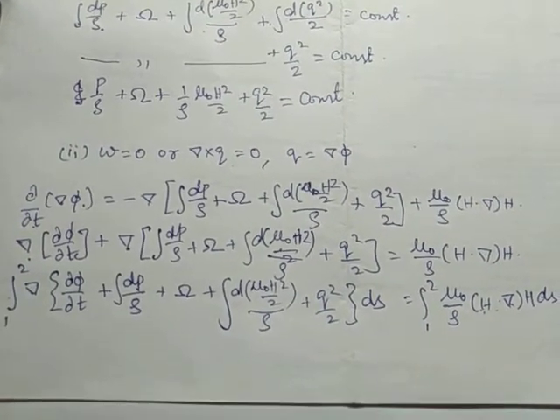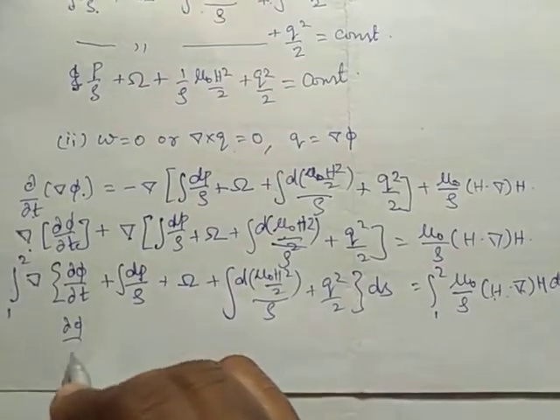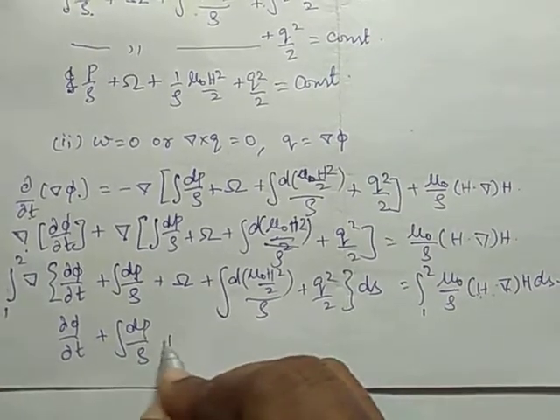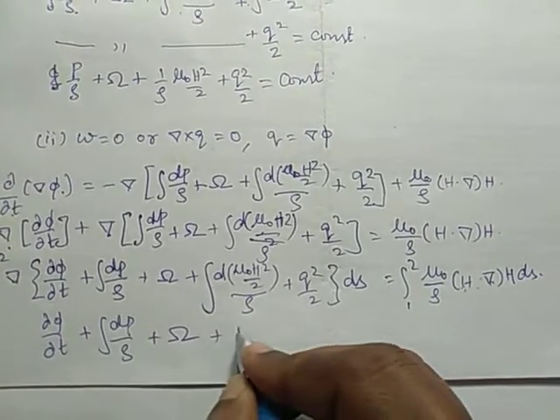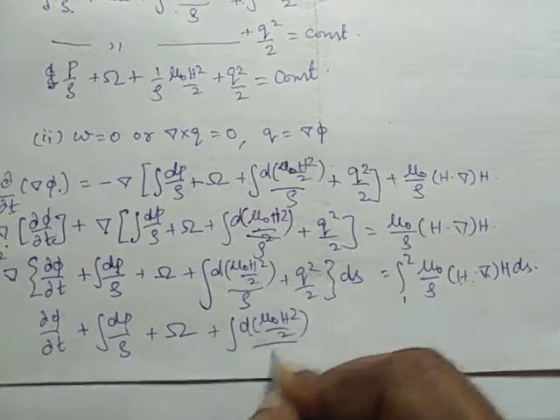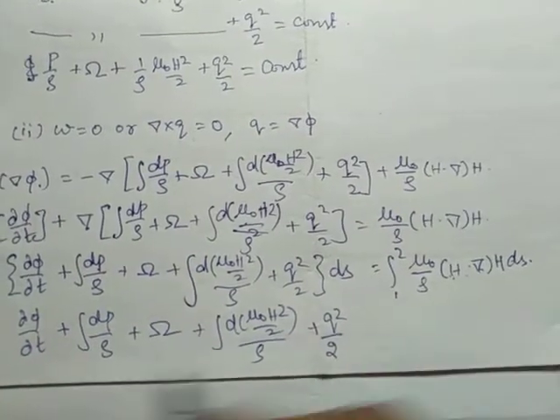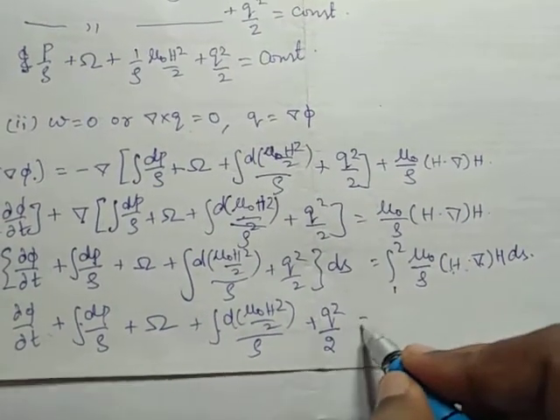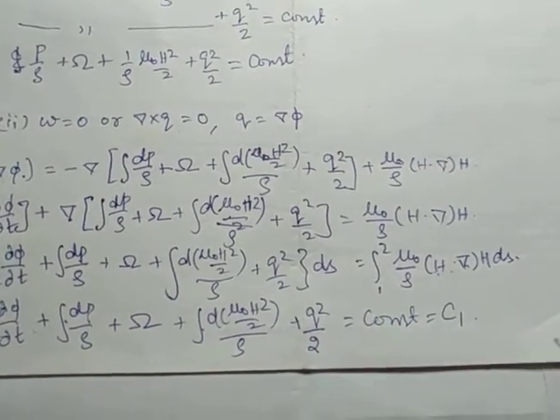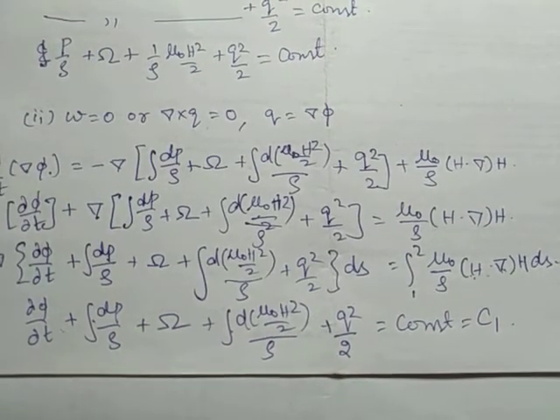We will get the equation as dou phi by dou t plus integral of dp by rho plus omega plus integral of d mu naught h square by 2 by rho plus q square by 2. Since we are having integration here, we add an integration constant C1 or C itself. So again this equation is valid for barotropic fluid.